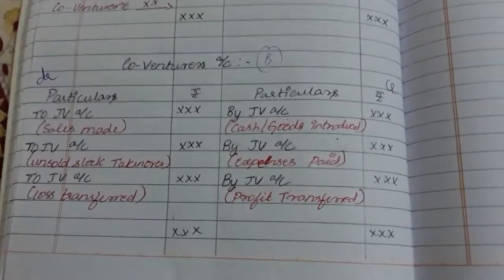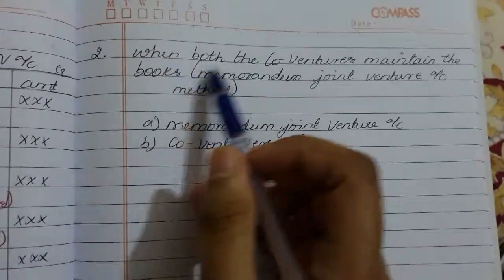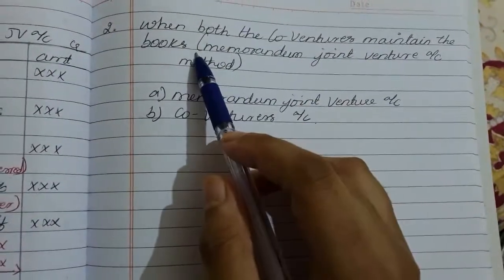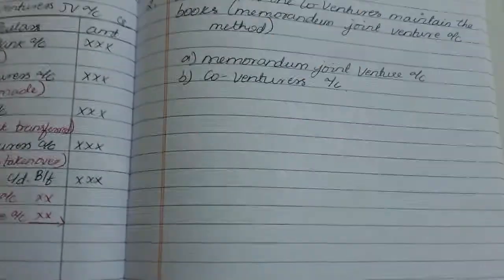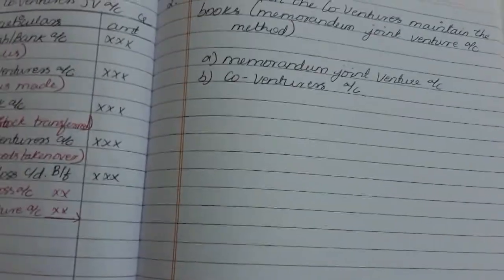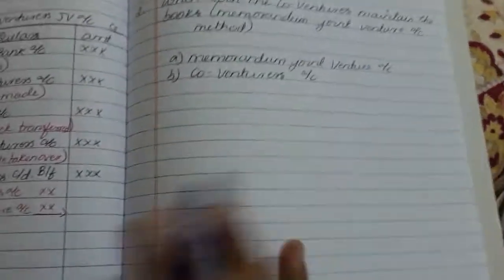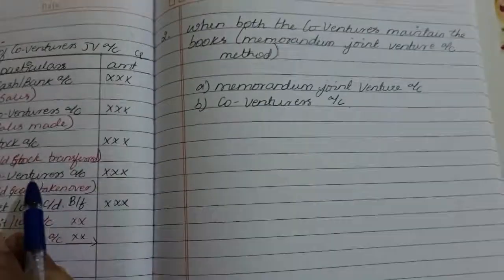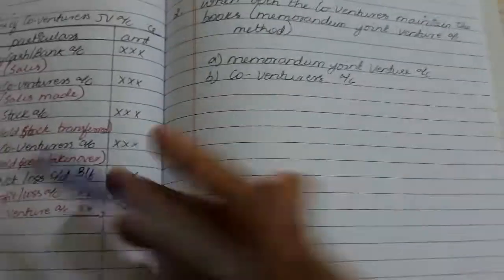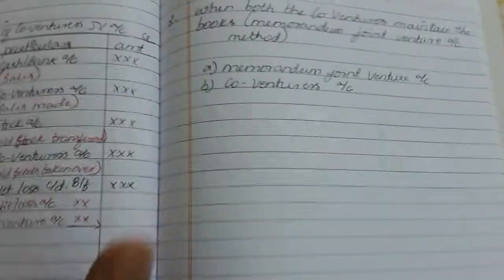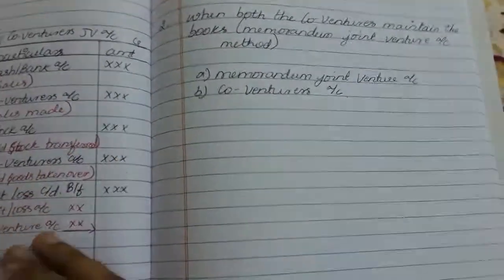So next, coming on to when both the co-venturers maintain the books. Here both the co-venturers will separately maintain their books of account. Here there are no new journal entries, it is similar to when A is maintaining the books of accounts, the journal entries will be the same.